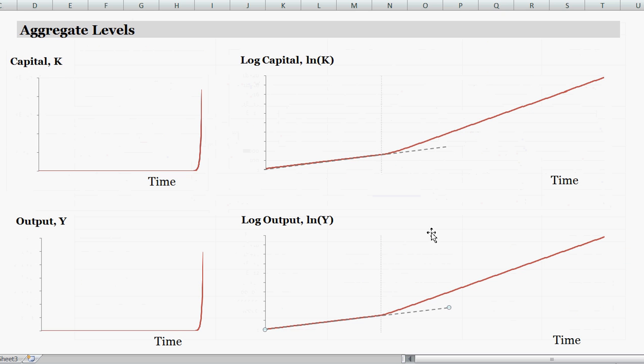Looking at it in a time series, this is the growth rate of capital and this is the growth rate of aggregate output. That's G plus N, the growth rate of technology plus the growth rate of population. At this dotted line, that's the moment the population growth shifts upwards. And so we see that these aggregate variables are growing now at a higher rate. So simple as that.